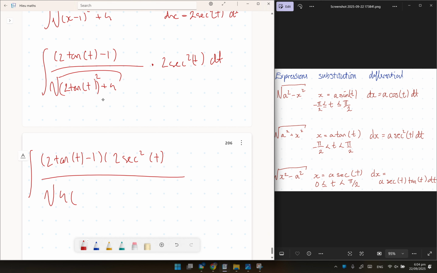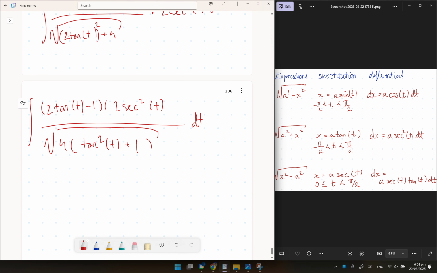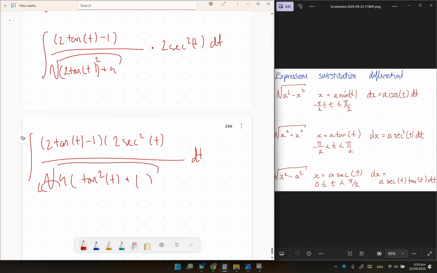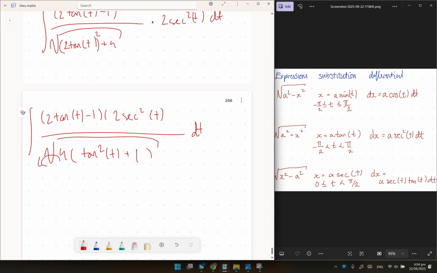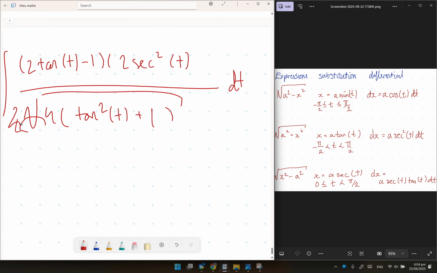The denominator becomes the square root of 4 tan squared t plus 1, dt, and the 2 comes out. We can take the 2 out to here, and these cancel, so we get a reduced form.